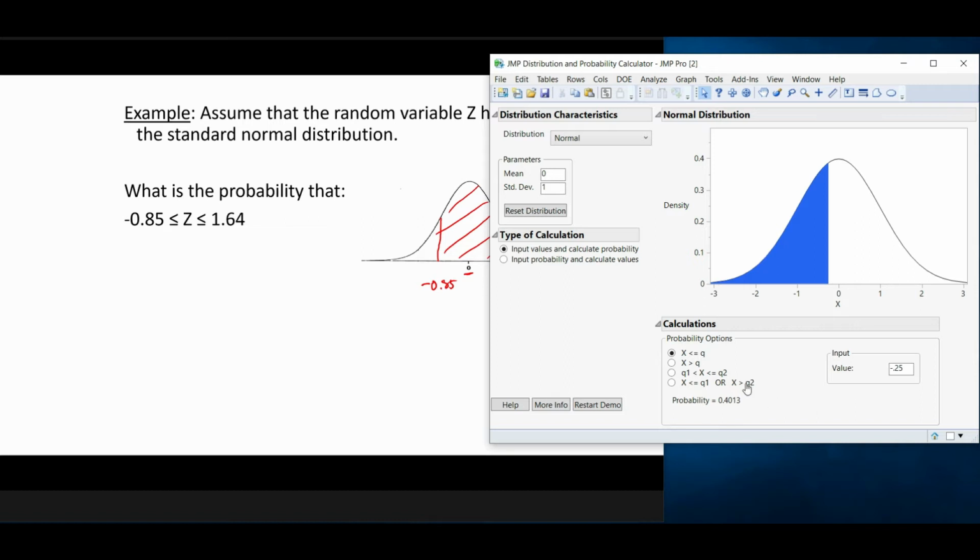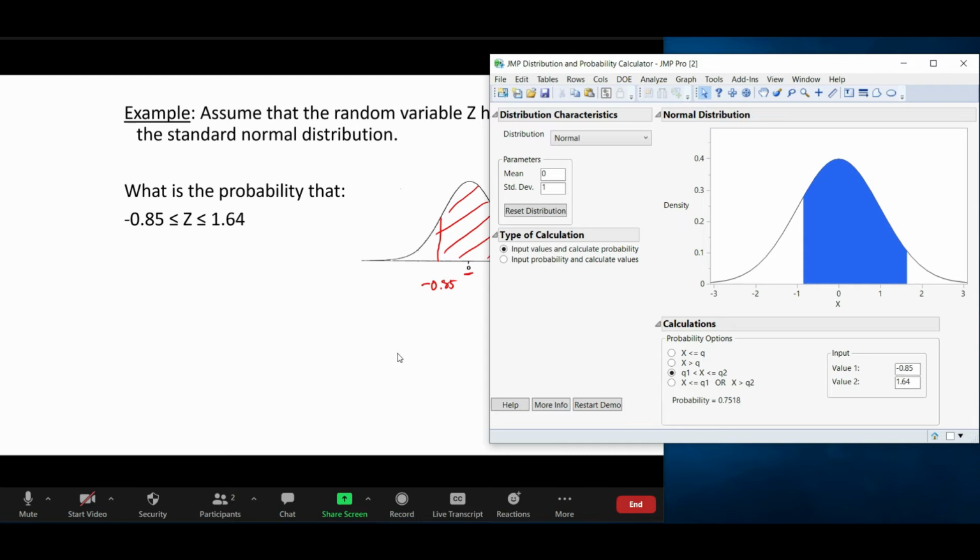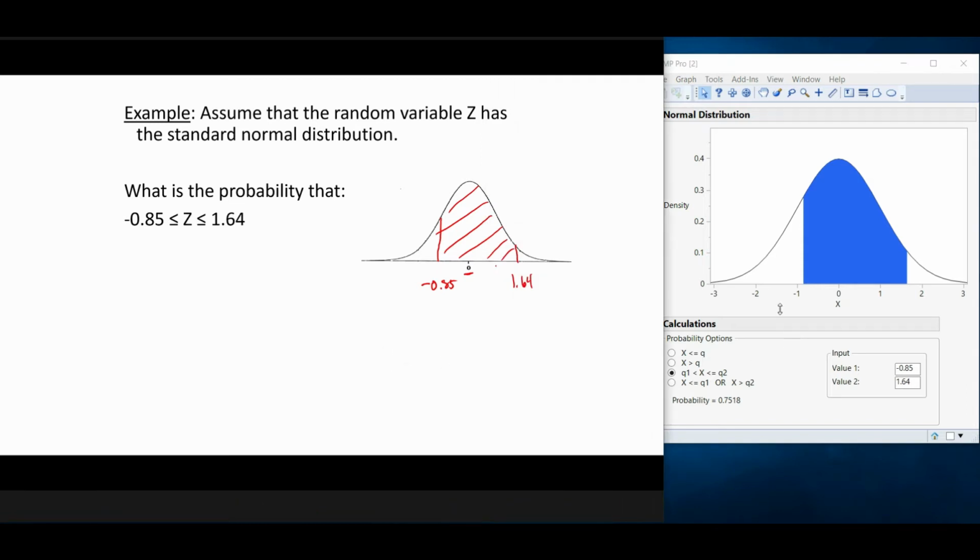Right? So all I'm going to do is select this option again. Change that to negative 0.85 and change this upper bound to 1.64. Just check that that shaded region matches what I was expecting, which it does.